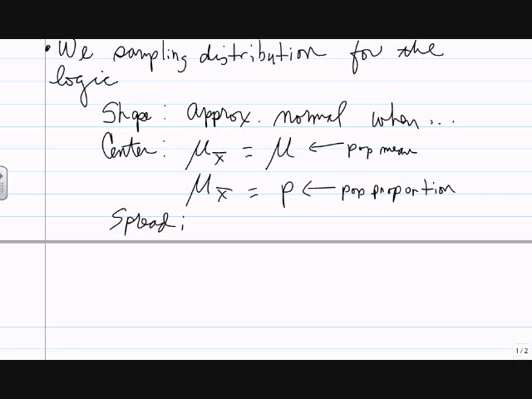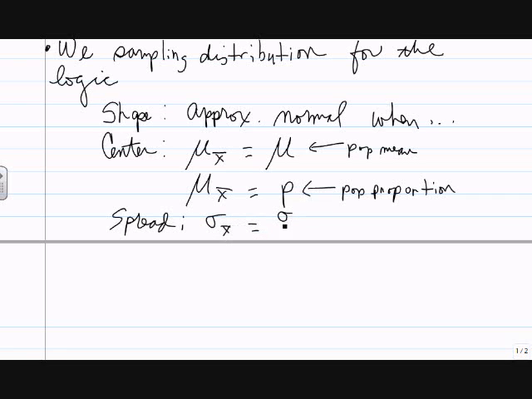The spread of the sampling distribution, if we're dealing with means, we'll call that the standard deviation of the sampling distribution.